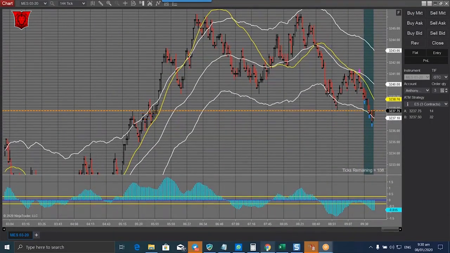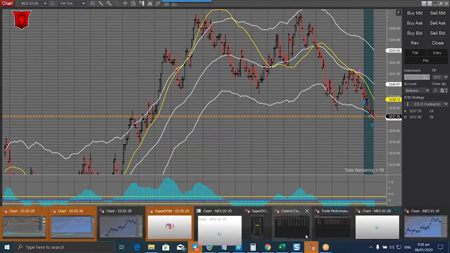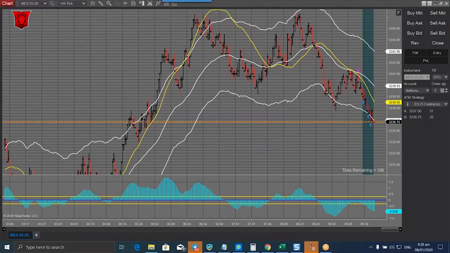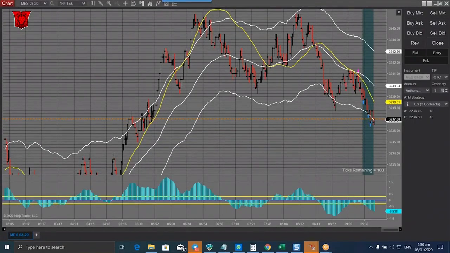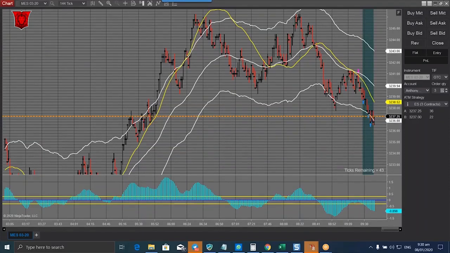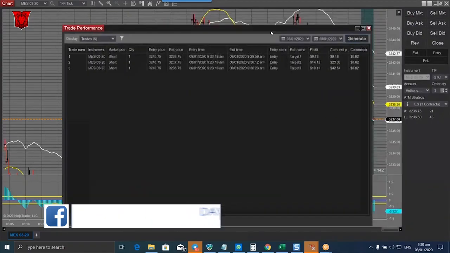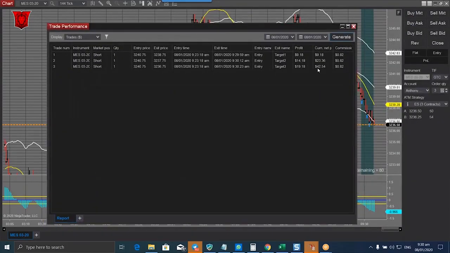My target is maybe 6 ticks. Let me see here. Let me pull it up here. $42.54. I'm pretty much done for the day. There it is, $42.54. It's a gross around $45.